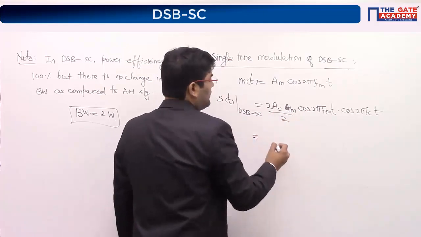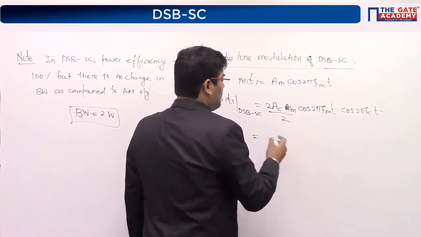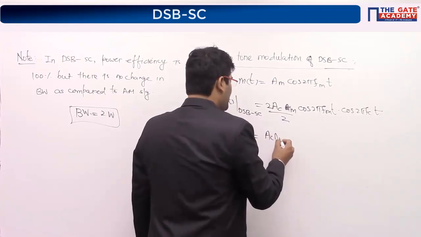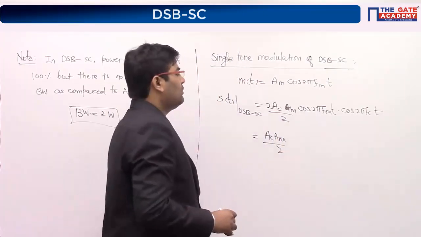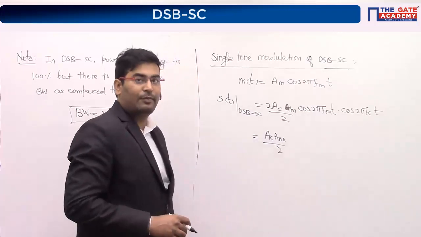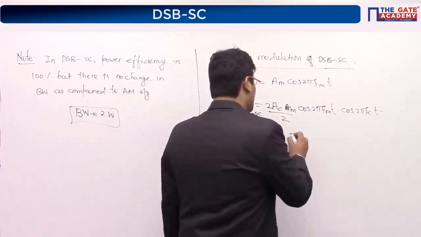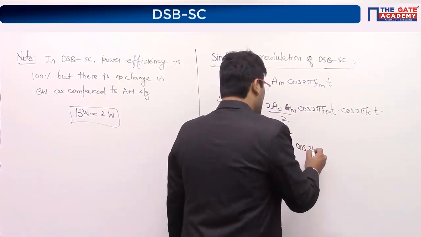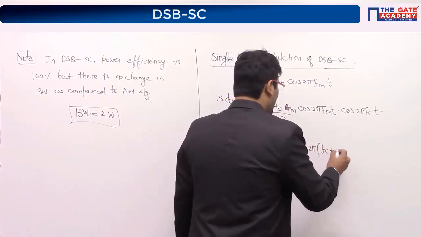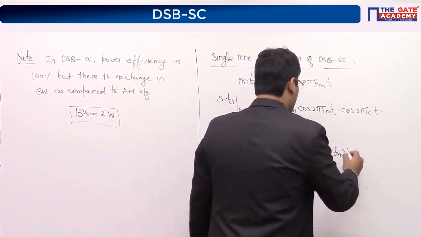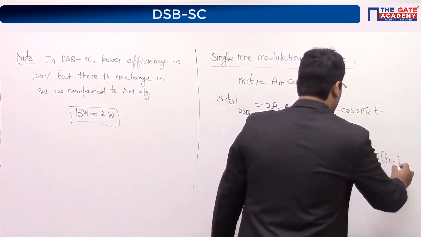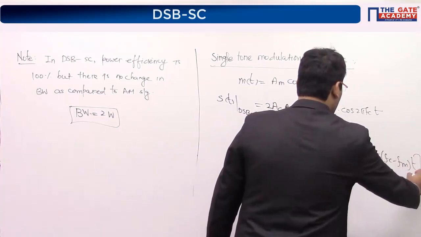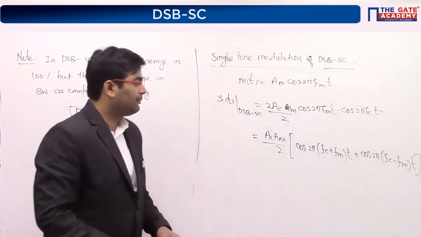So it will become what? 2 cos A cos B is cos of A plus B plus cos of A minus B. So it will become Ac Am by 2 times cos 2 pi (fc plus fm) t plus cos 2 pi (fc minus fm) t. This is what it will become, guys.